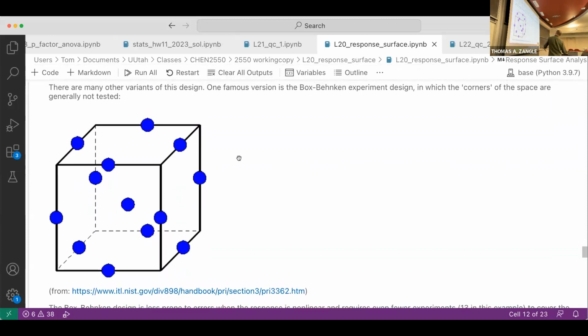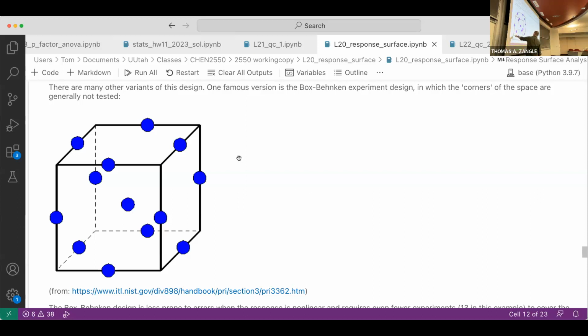If you're setting up a set of experiments to try to optimize some kind of process, you may encounter this. The most typical variant of Box-Behnken experiment design in 3 dimensions, though there are different variants of it, looks something like this, where we have an experimental condition at the center of our factor space.